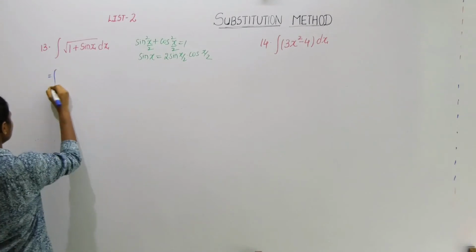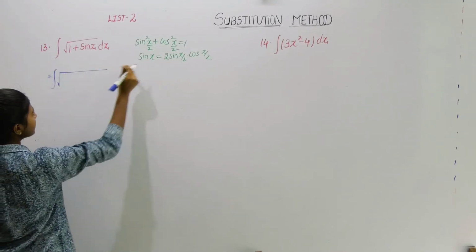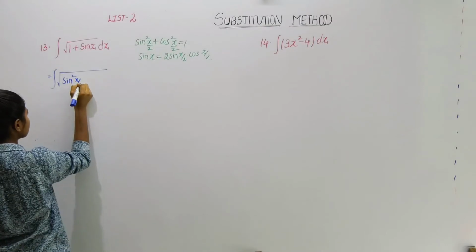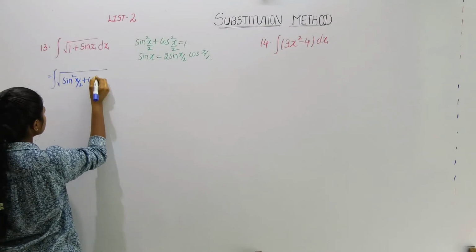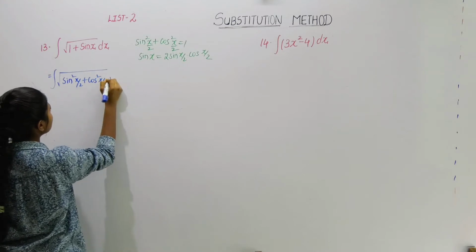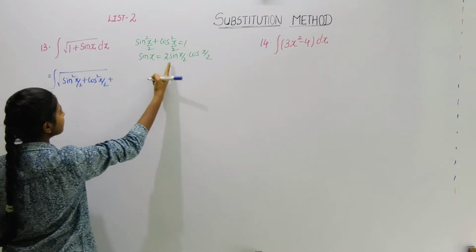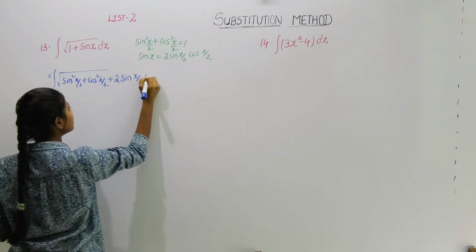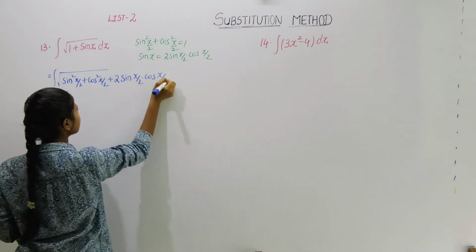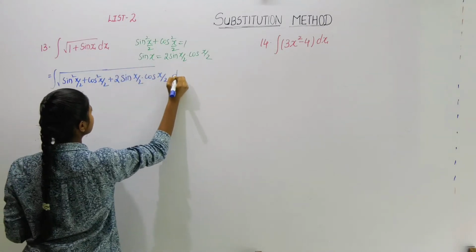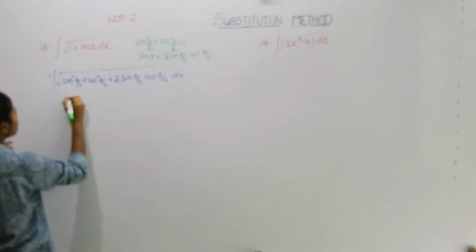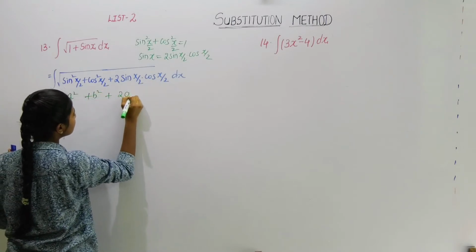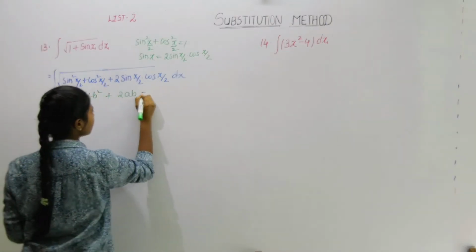Now, integral square root of, in the place of 1, I substitute sin square x by 2 plus cos square x by 2 plus, and in the place of sin x, I substitute 2 sin x by 2 into cos x by 2 dx. Now, this is in the form of a square plus b square plus 2ab. We know the formula for this.